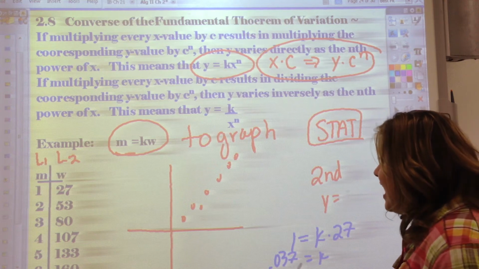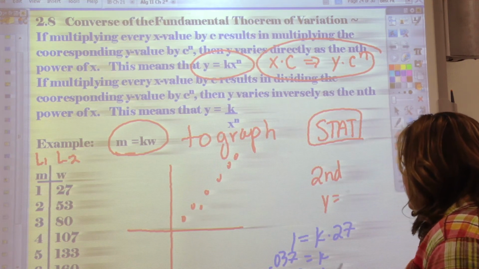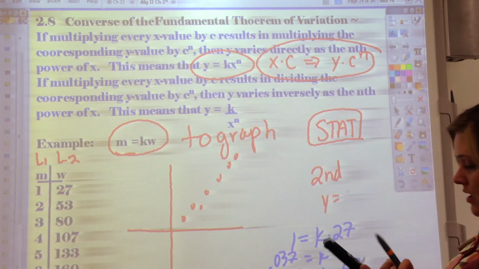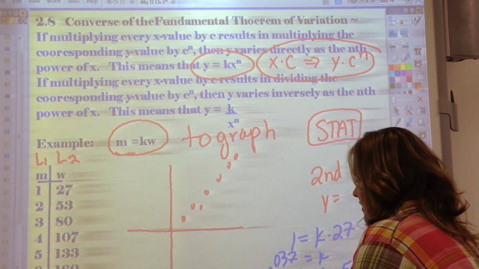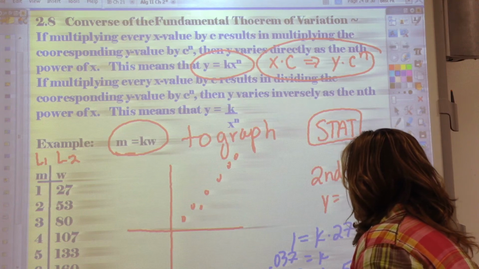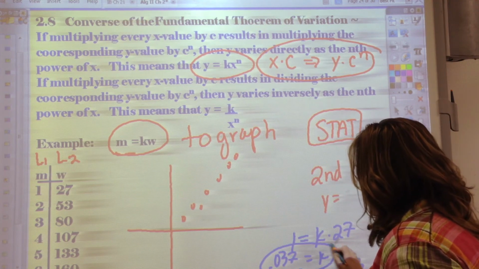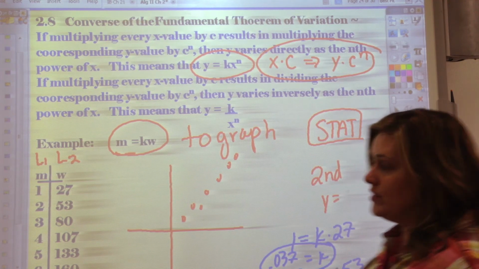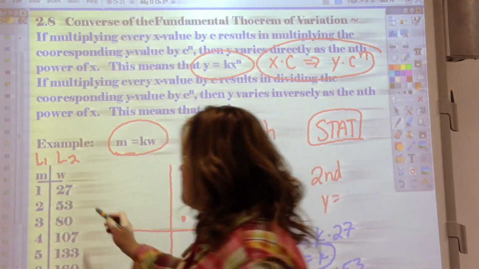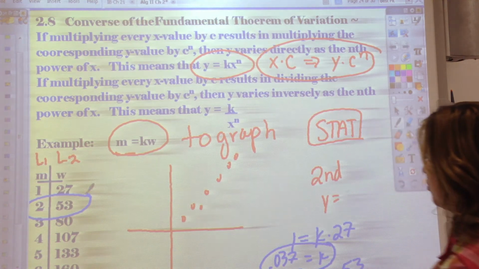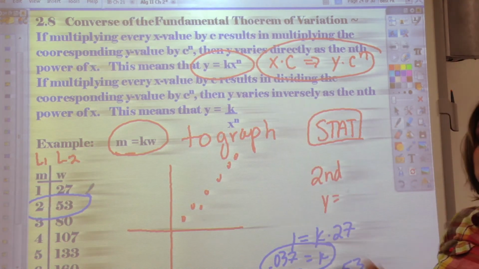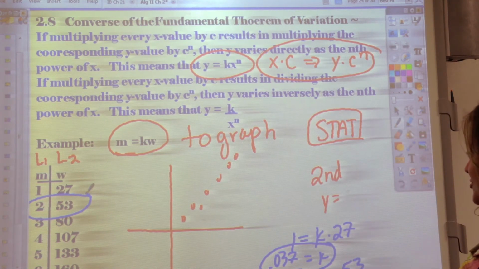When m is 2, w is 53, and 2 divided by 53 again gives me a k value of 0.037. So now that I got the same value of k for both points, I have found my pattern. We're just going to use that second point when we have choices to choose from there.